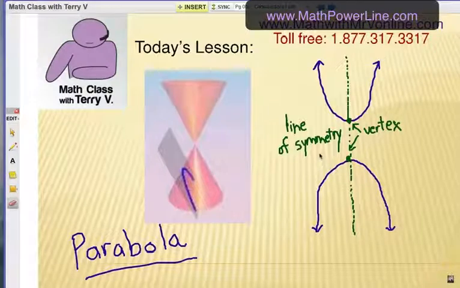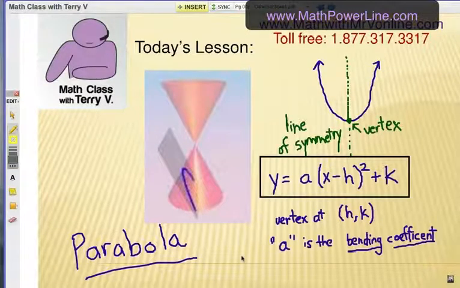Now here's the general equation form of a parabola. This is basically called the standard form of a parabola, and you have an a constant out in front of this x group here, and the a is the bending coefficient. What I mean by that is if a is a small number, like a fraction, then these legs actually flatten out.